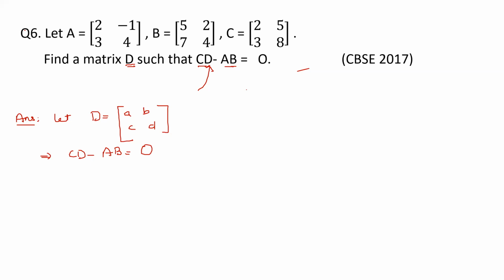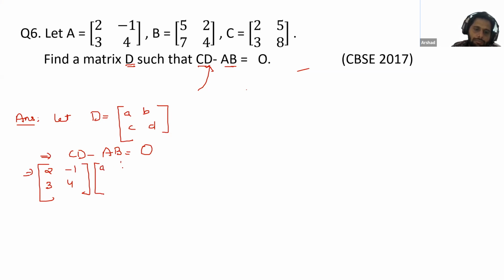Okay, Fahad, I will solve this one. So we have this equation CD minus AB. Let us put in the values. C is [[2, 5], [3, 8]]. D is [[A, B], [C, D]]. Minus, what is A? I guess I've made a mistake.